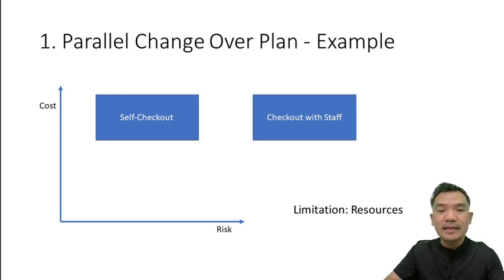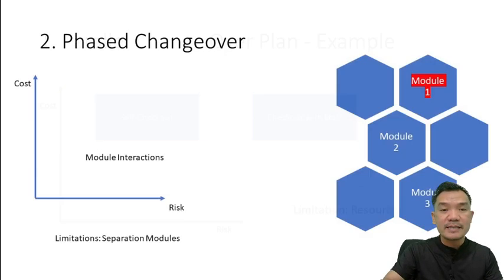What we look at here is the cost and risk. There is a higher cost in implementing this one, while the risk is lower. The limitation here is the resources needed. Of course, we will not remove the existing system but add one. That's why our limitation is resources.